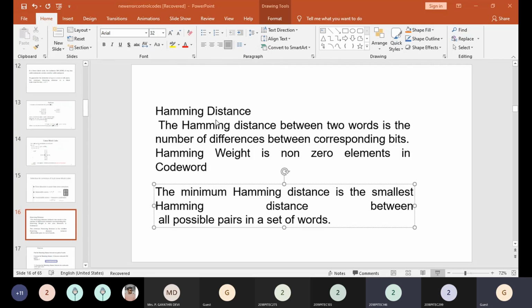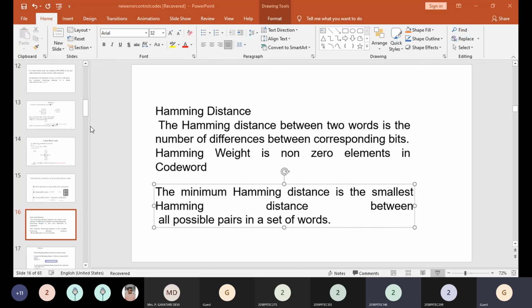You have to make use of the properties of error control codes, the linearity property. Likewise, if you're going for a cyclic code, there is the cyclic shift property. The sum of two linear code words is another linear code word, so that property is satisfied. You have to use this.